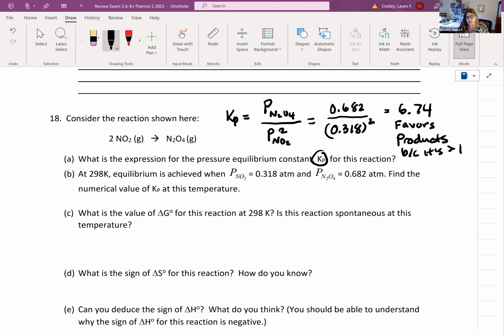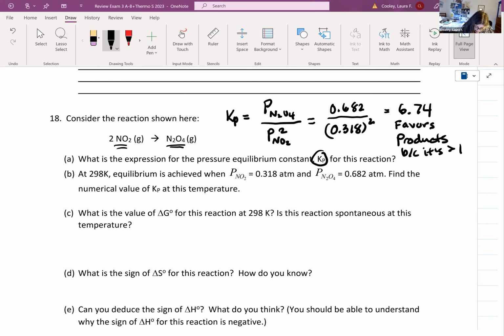Like if the K was 58,000, that would really be favoring the products, but it's greater than 1. So you'd end up with more products than reactants at equilibrium. And indeed you have that, right? You have 0.682 to 0.318. So it favors products because it's greater than 1. Yes. It's not hugely large, but it's greater than 1.